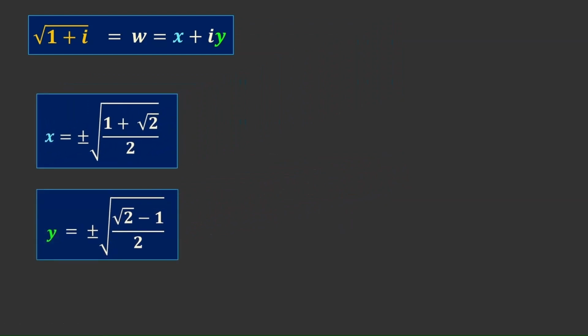But is that it? Can we say that this is the answer, this is the square root of 1 plus i? No, because we have plus minus here, we don't know which signs to put. So for that, again we'll take the help of the previous relation, which was y is equal to 1 by 2x, which gives us that xy is equal to half.